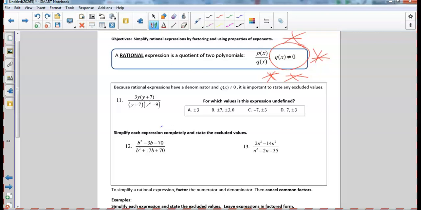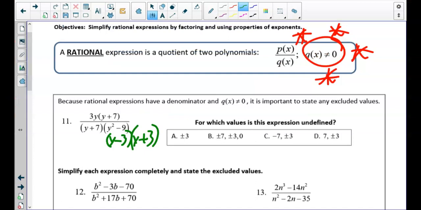Well, if you factor y squared minus 9, you might notice that this is a difference of 2 squares. So y minus 3, y plus 3. So this part is huge, and I'll talk about this in class again a lot, because this leads to one of the most common errors all the time. So what I just did was I factored y squared minus 9 to y minus 3, y plus 3.